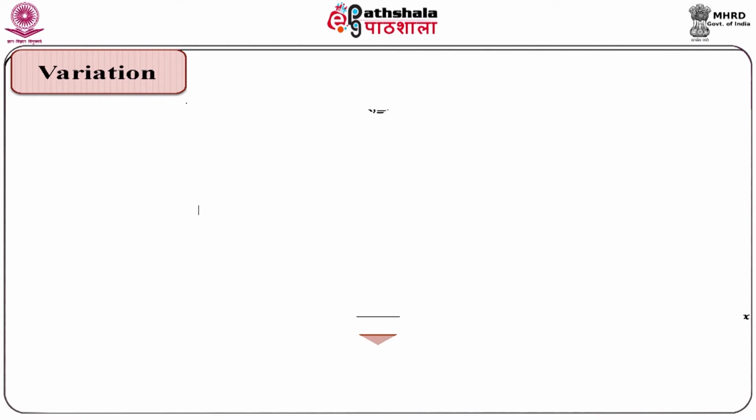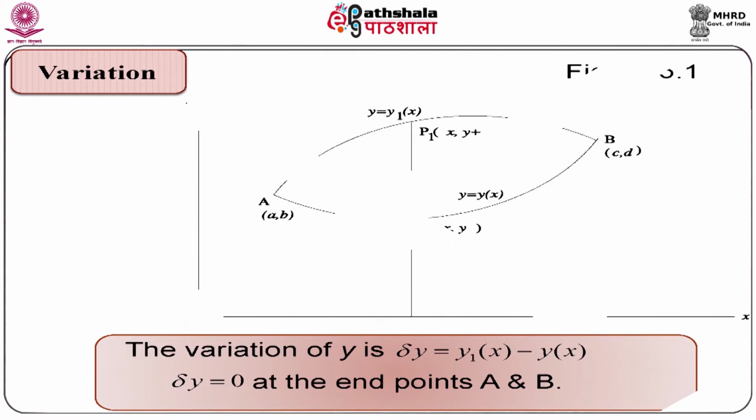Now, variation. The variation of y denoted by delta y is defined by delta y equal to y1 function of x minus y function of x. Please go through figure 5.1. Here two curves have been shown.